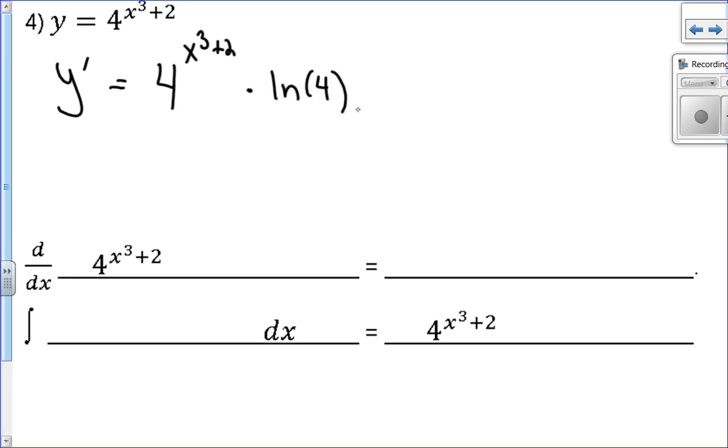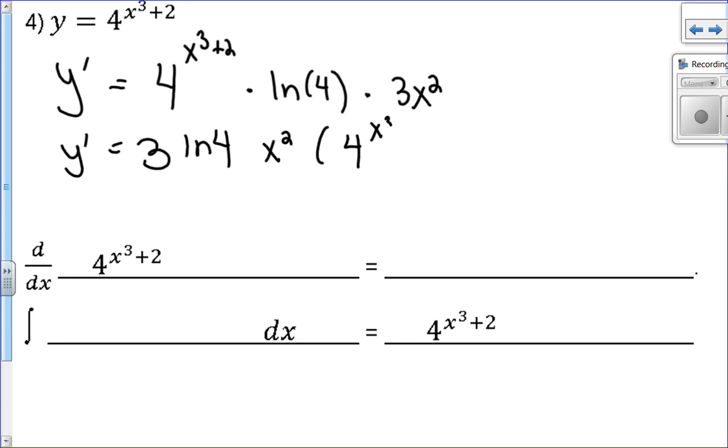And since it's not just 4 to the x, I also need to use chain rule and do the derivative of the exponent, which would be 3x squared. Multiplying these together, let's put our numbers up front, which is 3 and ln 4, that's just a number, times x squared multiplied by 4 to the x cubed plus 2.